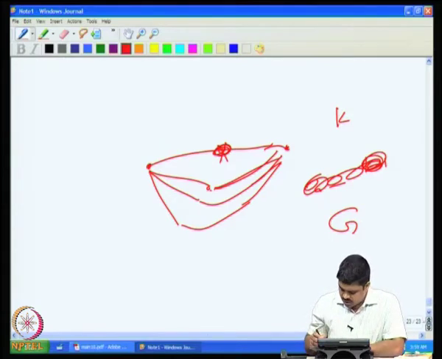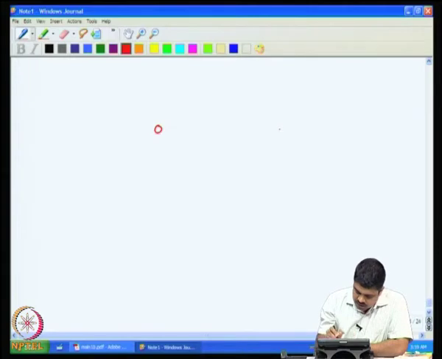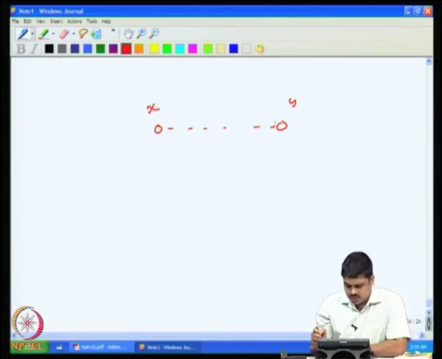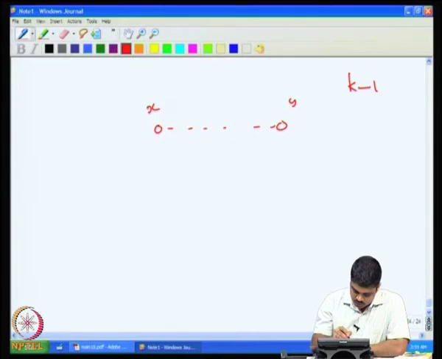How do I do that? Suppose this is the edge xy. I remove this edge. Now by assumption we have only k minus 1 disjoint paths between x and y. So one is gone now. How many more are left?